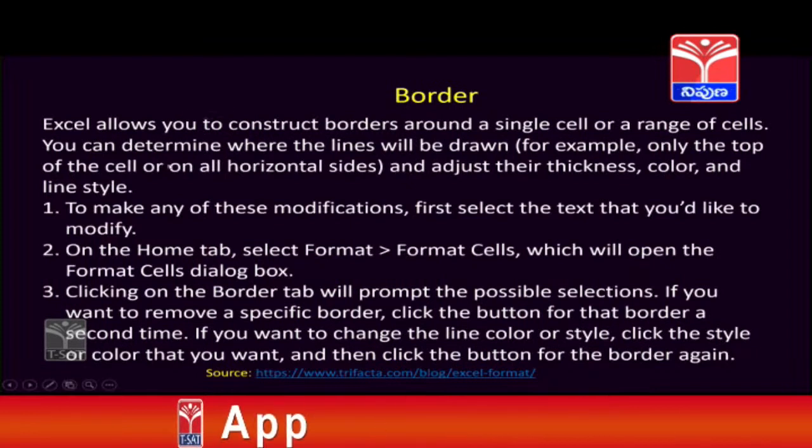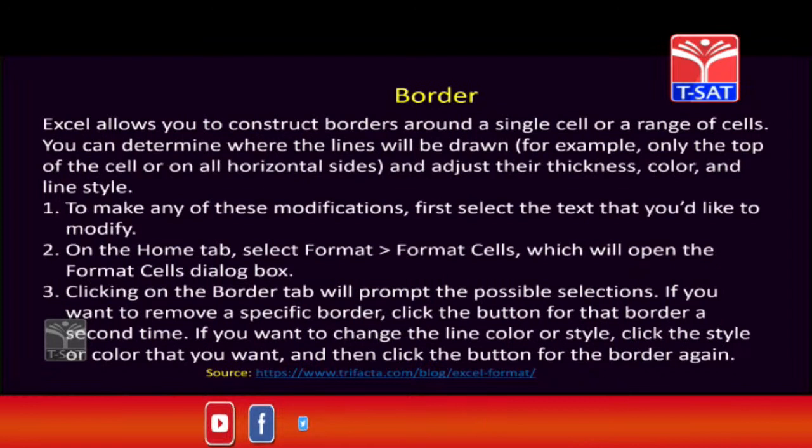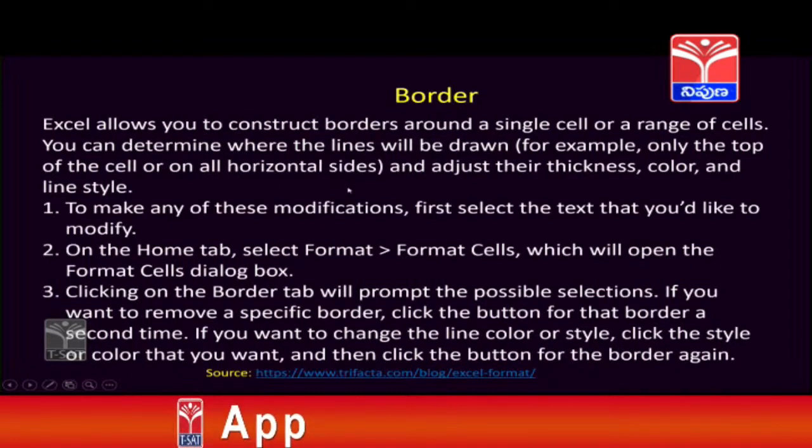So, you can determine where the borders would be drawn or where the boundary would actually be drawn, whether it would be only on the top of the cell or on all of the horizontal sides, and you can actually decide on the thickness, color and line style of each border.